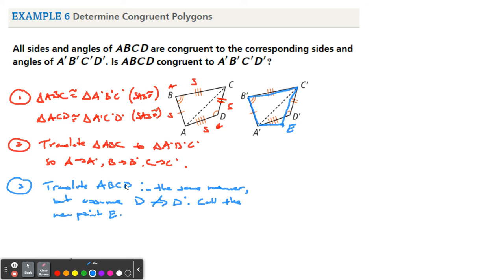Okay. Well, how are we going to think about this? Well, step 4 right here. So we know that triangle ADC is congruent to triangle A prime, D prime, C prime, and would also have to be congruent to triangle A prime, E, C prime.